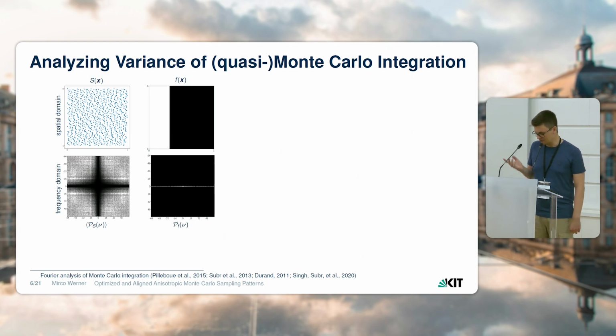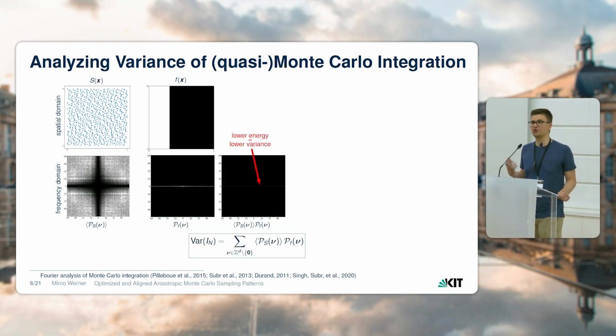domain. And what they found out is that the variance of the Monte Carlo estimator is actually just the product of these 2 power spectra, evaluated at all integer frequencies except the 0 frequency. You can see in this visualization that this picture of the product power spectrum is very dark, which means that there is only low energy remaining, so this Monte Carlo estimator suffers from low variance.